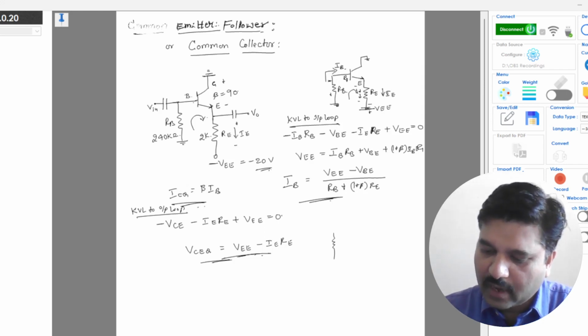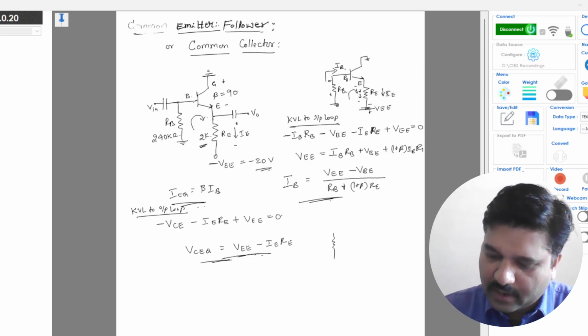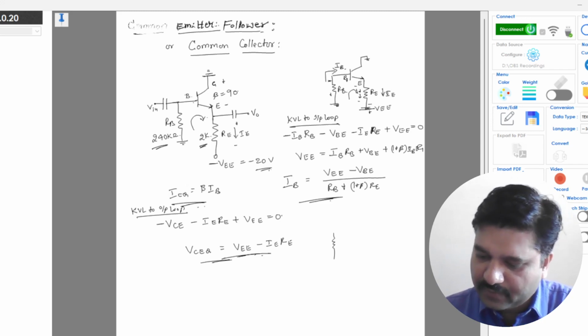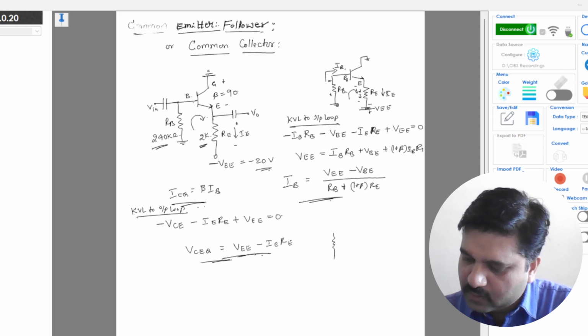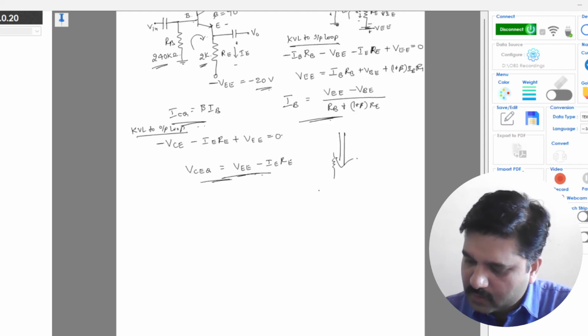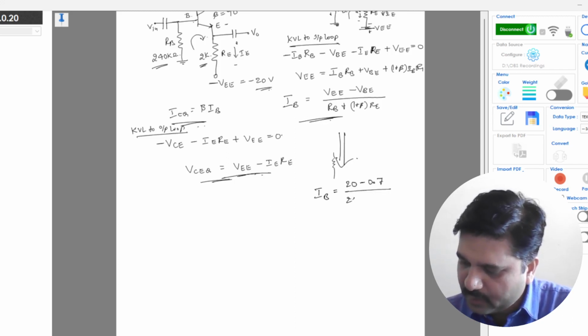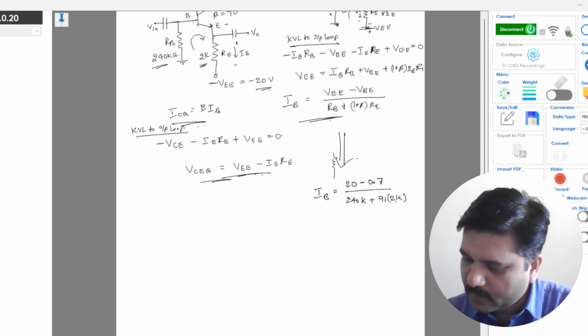So we have RE as 2K, RB as 240K, VEE as 20 and beta as 90. So IB equals 20 minus 0.7 divided by 240K plus 91 times 2K, right?